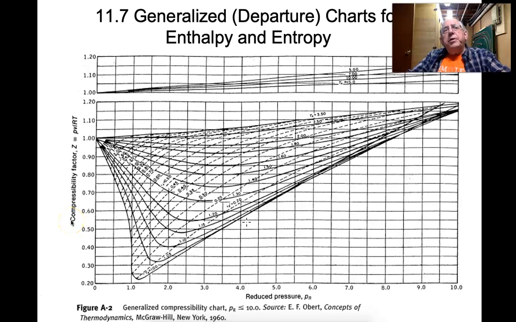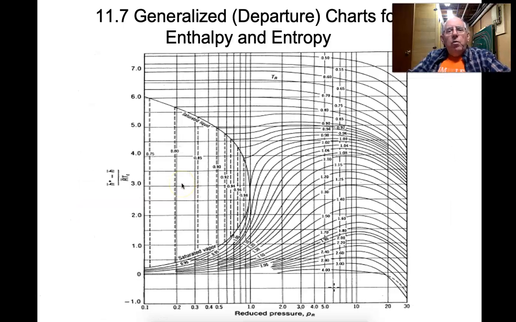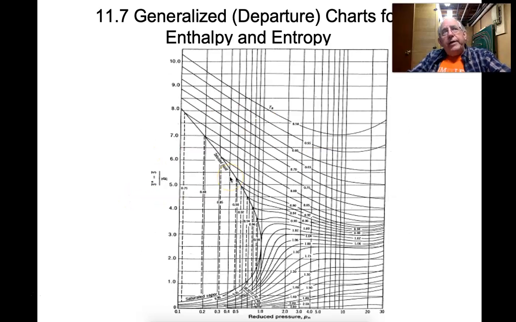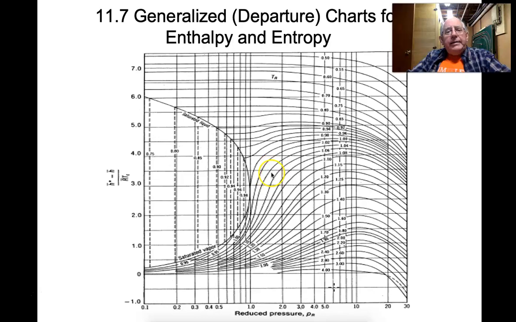And so the compressibility factor will give us an idea of whether or not the substance is going to behave as an ideal gas or a real gas. And then once we determine that, we'll see that it can also calculate the departure values for the enthalpy and for the entropy. And again, that can tell us how much it's going to depart from ideal gas behavior.